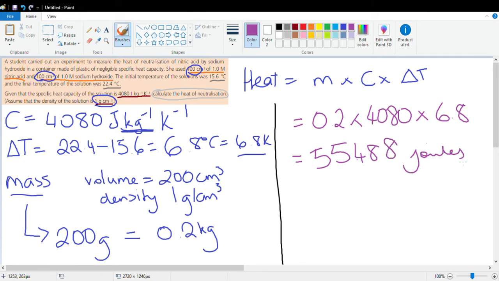So if we look here, multiplying specific heat capacity by mass will get rid of my kilogram unit. Multiplying by temperature change gets rid of my Kelvin unit, so I'm left with joules left over. So that's my unit there.